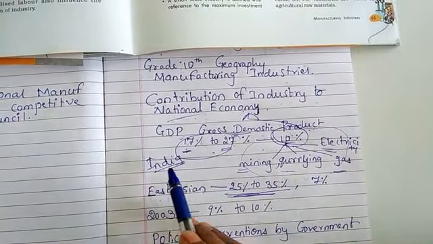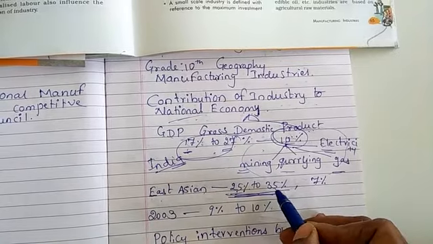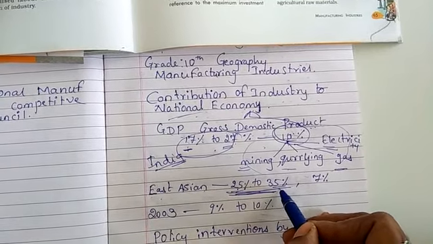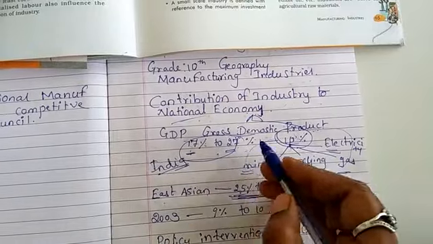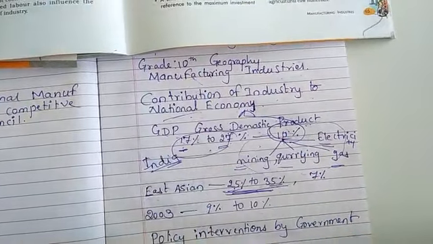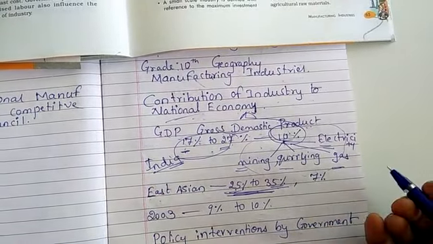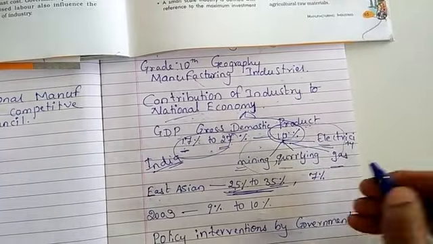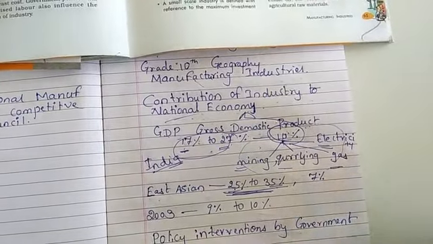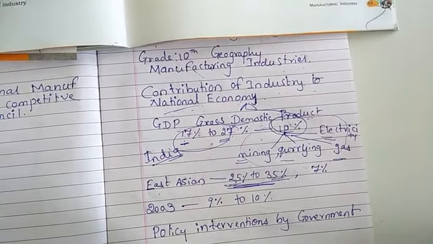They are using 25% to 35%. That is the growth of manufacturing. Here, we are taking some part of the manufacturing of industries in our country.